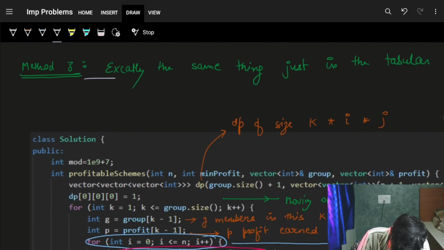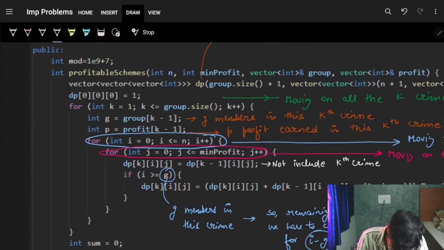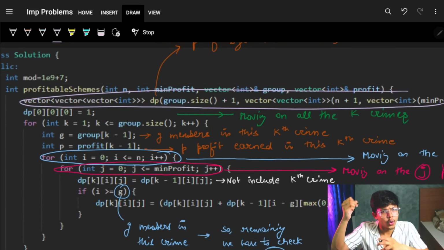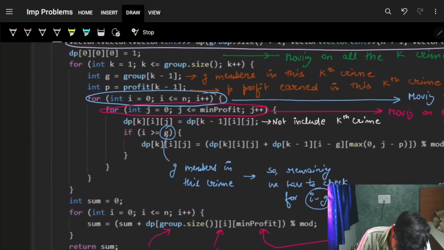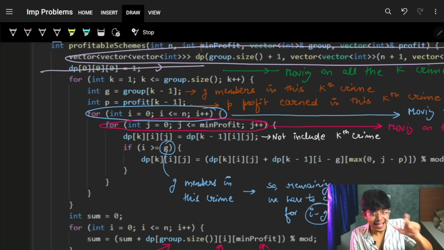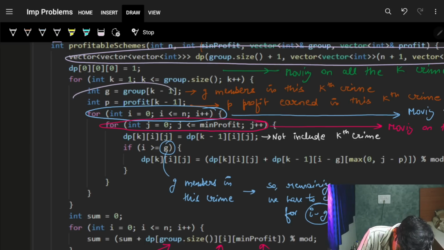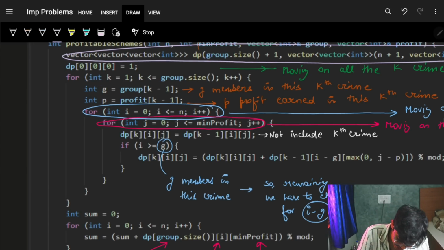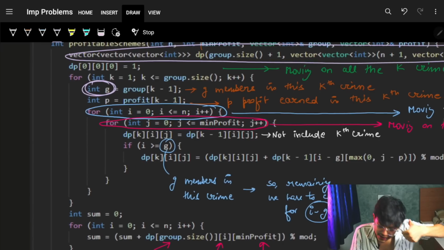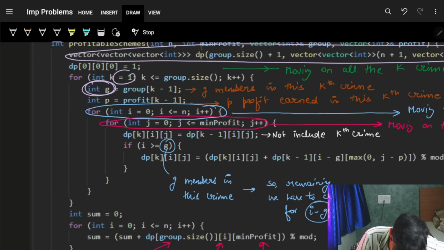Let's see how. Firstly I have this DP vector. Then I did exactly the same thing. I just moved on to every one of those crimes. Every one of those crimes I grabbed: what is the number of members which I will include right now because of this kth crime?